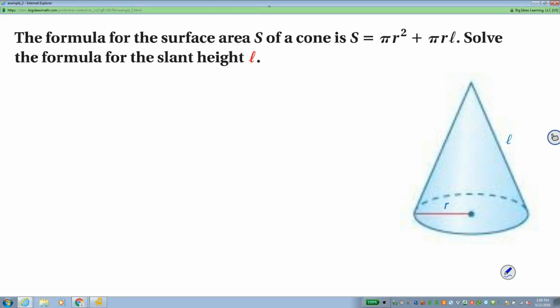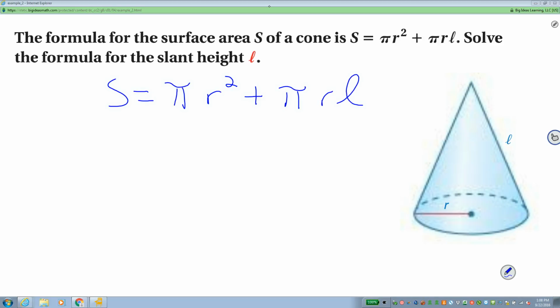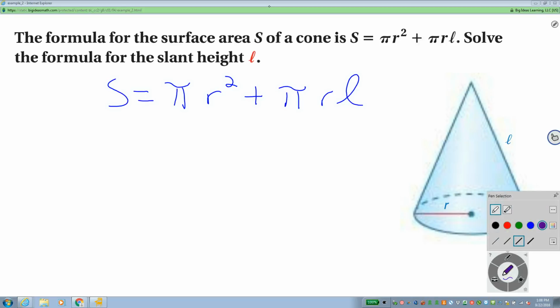So just like we would any time, we're going to start by rewriting the equation. So the surface area of a cone is S equals pi r squared plus pi r L. Okay? We want to isolate and get L by itself.